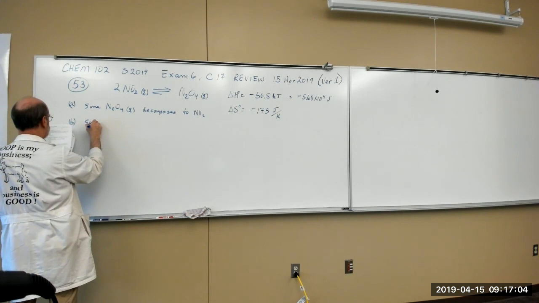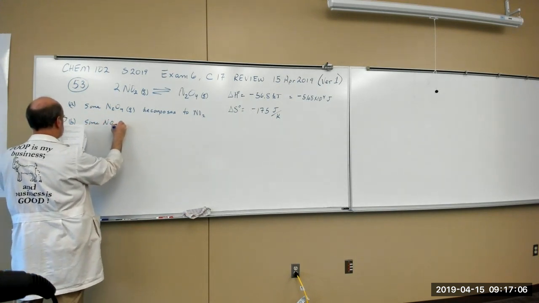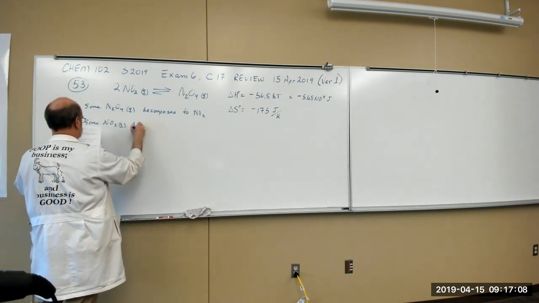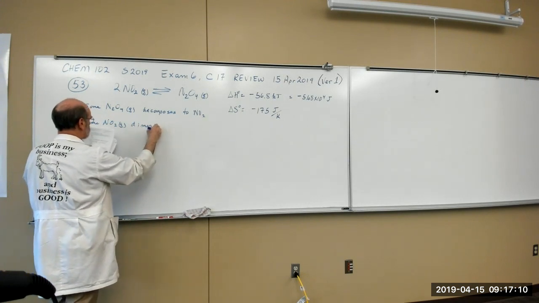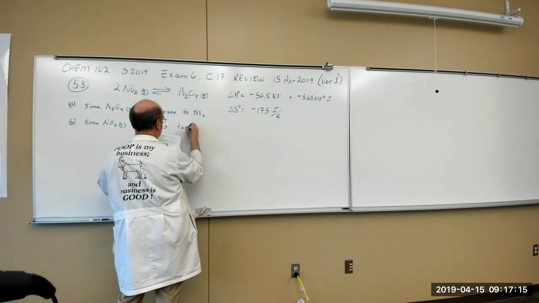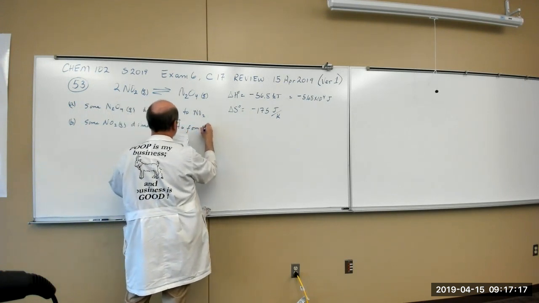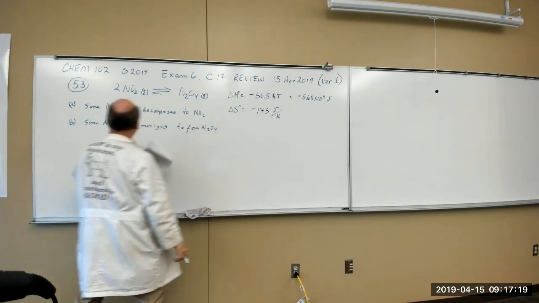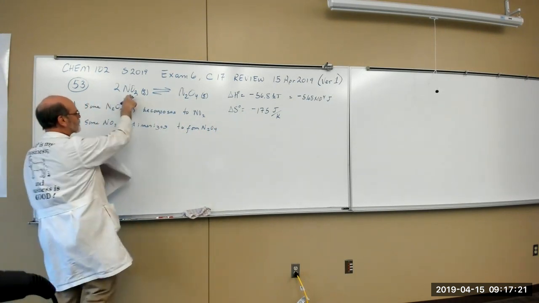B is some NO2 dimerizes to form N2O4. That just means we put these two together and make that.